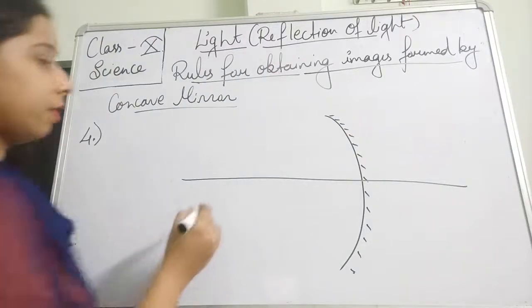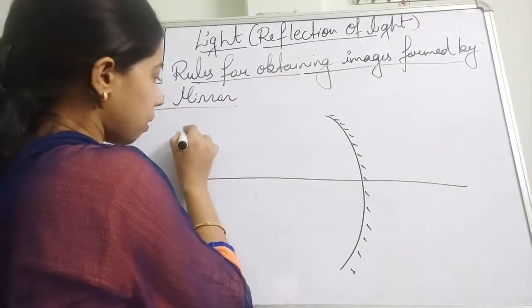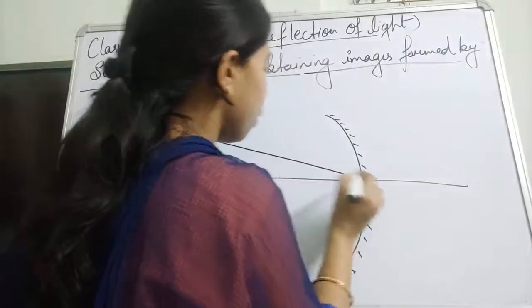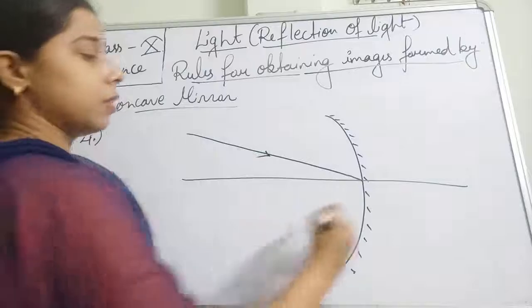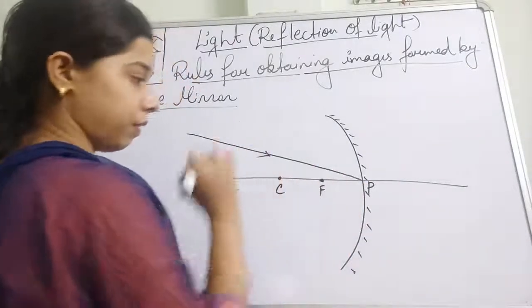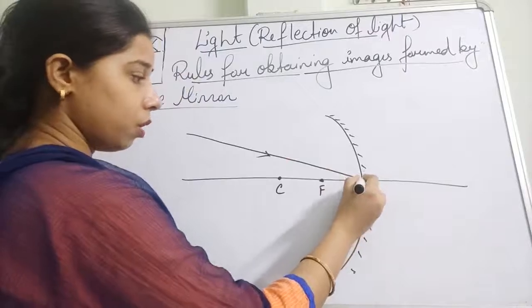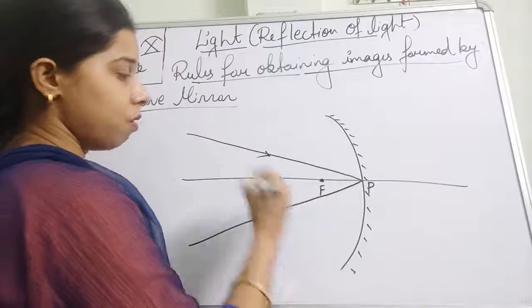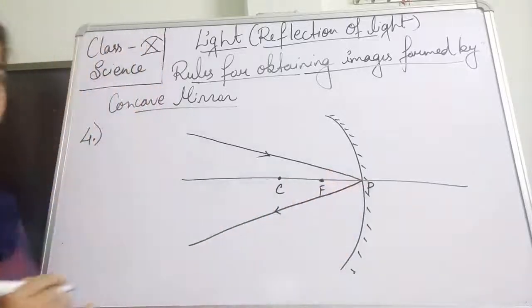This is a ray of light falling on the pole. This is the pole, this is the focus, and suppose this is the center of curvature. Then it will make the same angle on reflection.